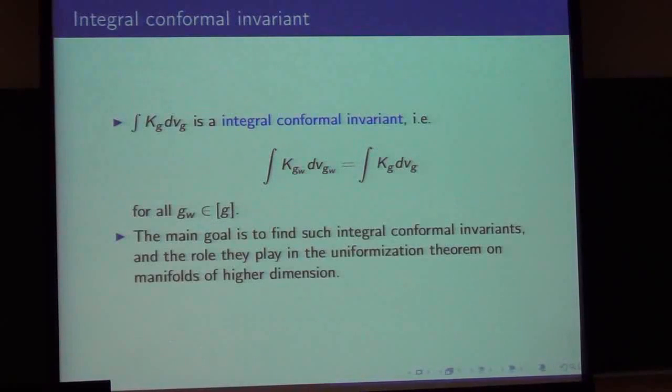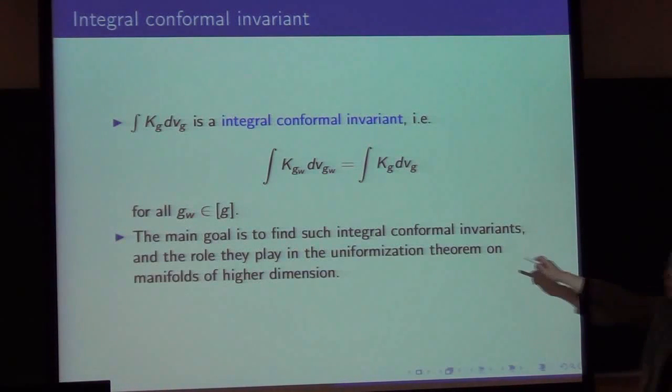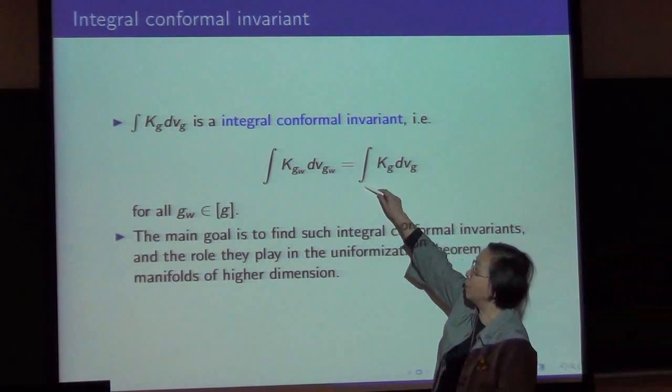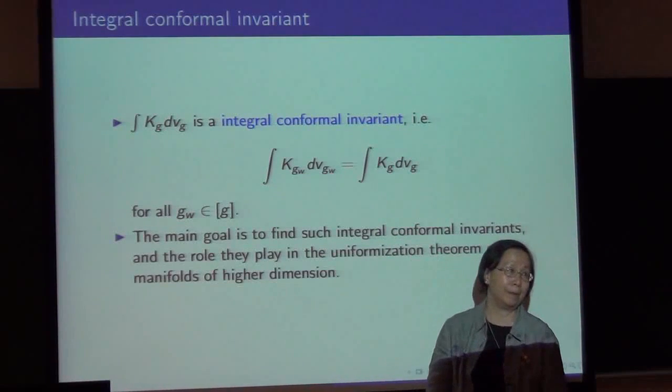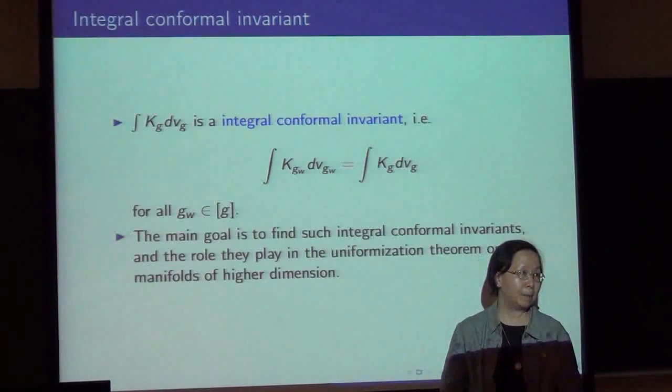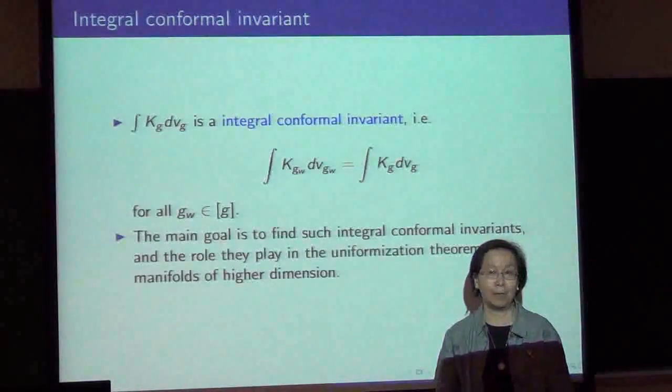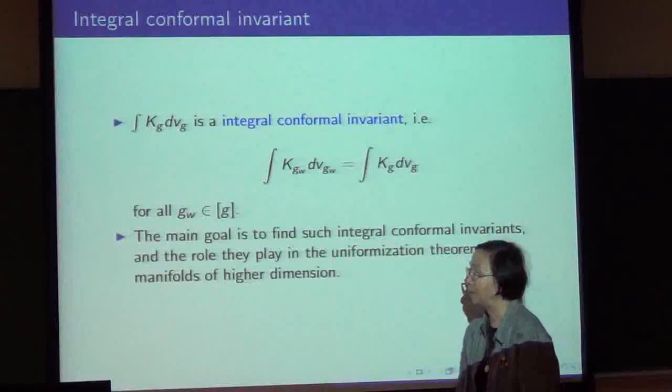So in this case, we know that the integration of the Gaussian curvature is a conformal invariant. By this, I mean under change of conformal metric, this integration is the same. So this term on a two-surface is a topological invariant, but it is in particular also a conformal invariant quantity.